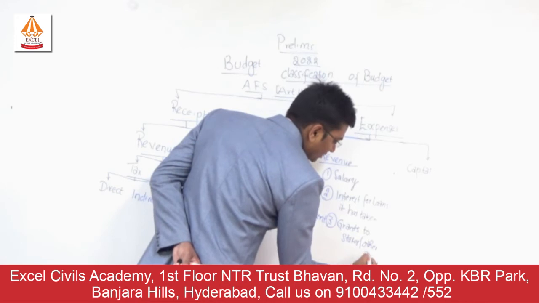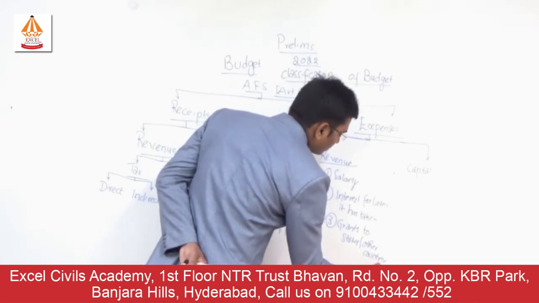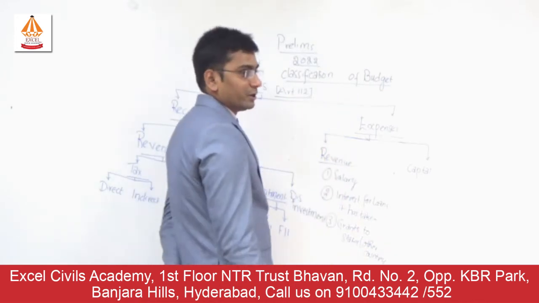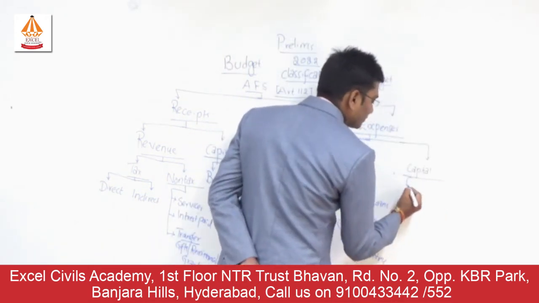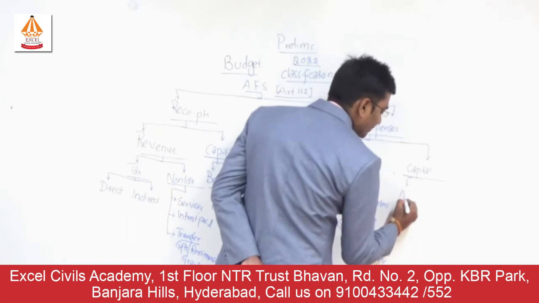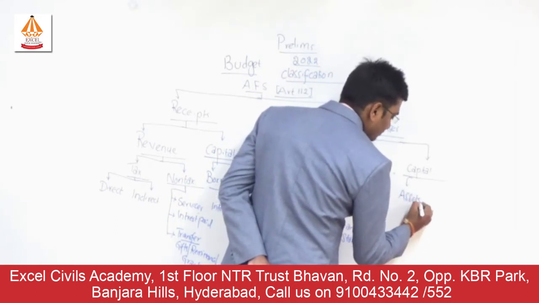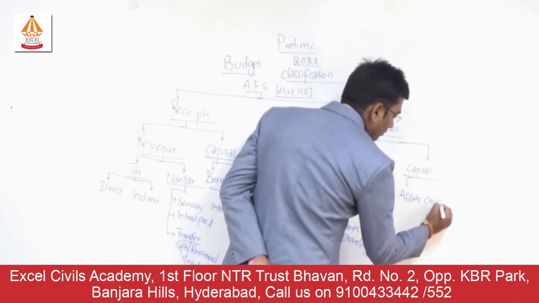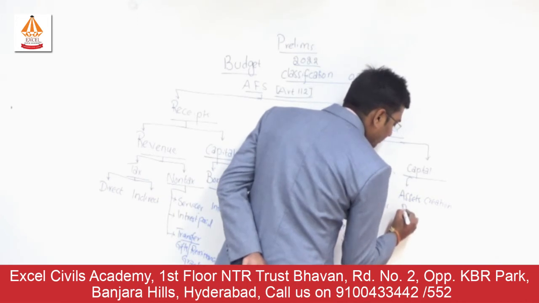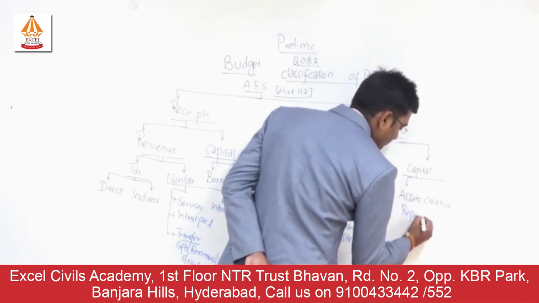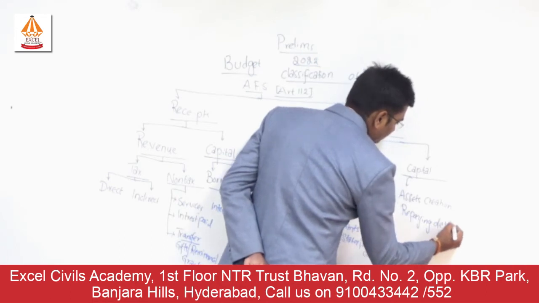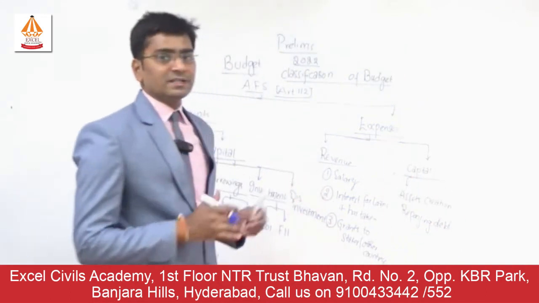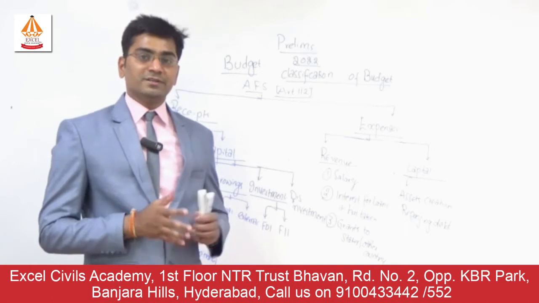The grants extended by the central government are included in revenue expenditure. As far as the capital component is considered, capital expenditure is expenditure kept for the creation of assets, or for repaying previous debts. Now this is the basic classification of the budget or annual financial statement.